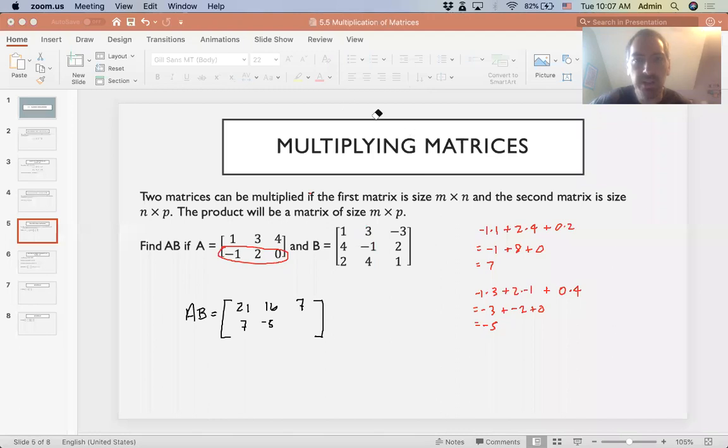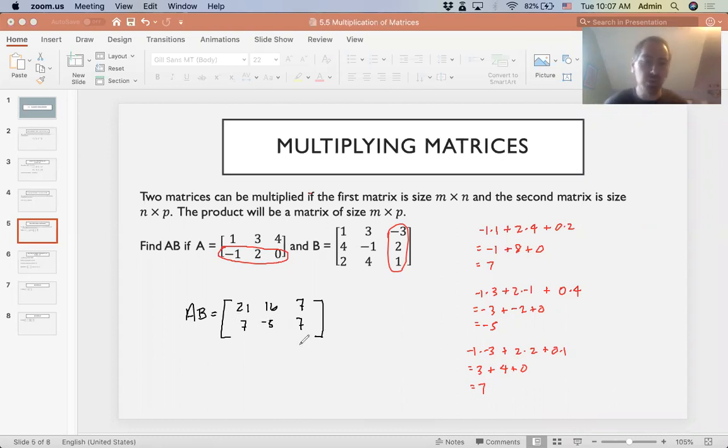Okay, and then finally, we've got the second row of matrix A times the third column of matrix B. -1 times -3 plus 2 times 2 plus 0 times 1, which is 3 plus 4 plus 0, which is 7. So this gives us our product, our new matrix AB: 21, 16, 7, 7, -5, and 7.